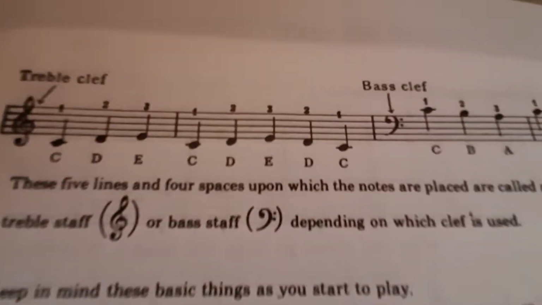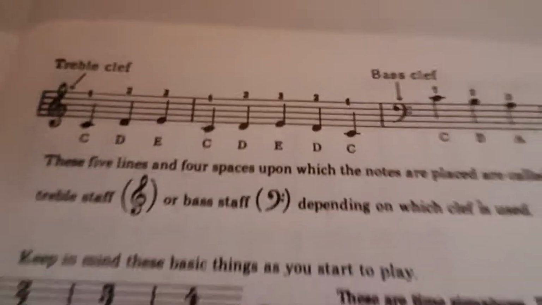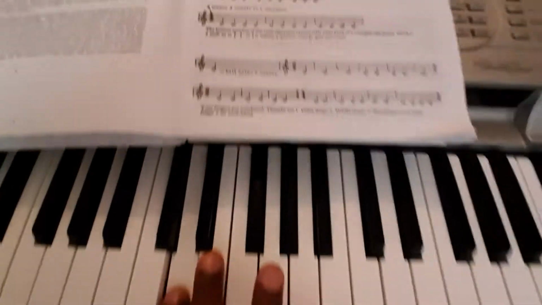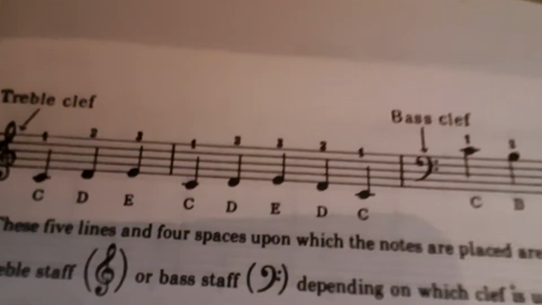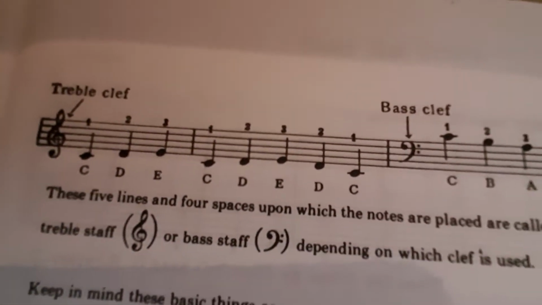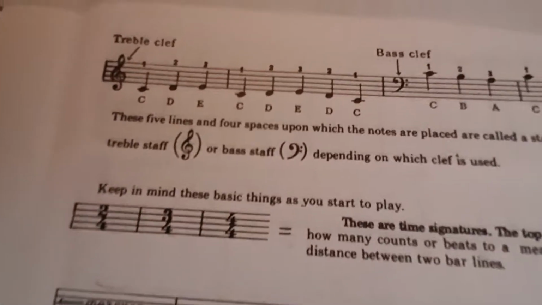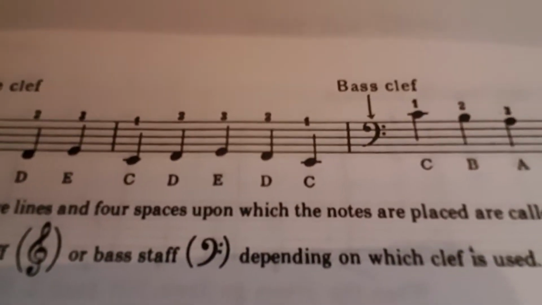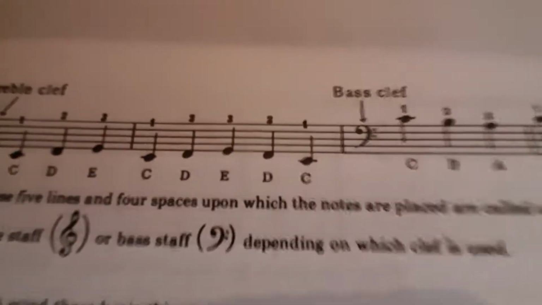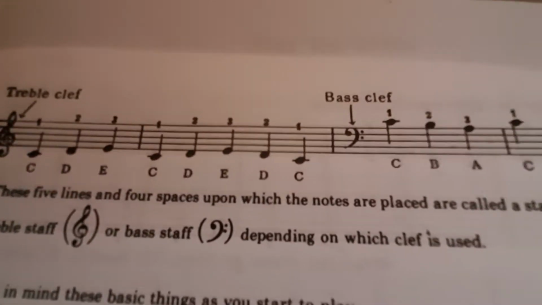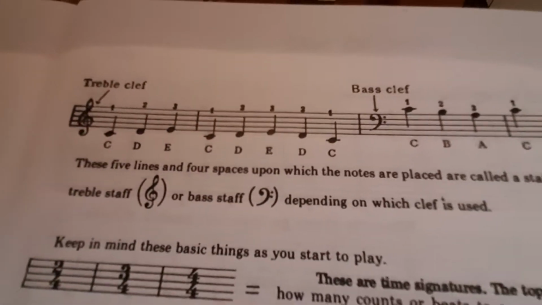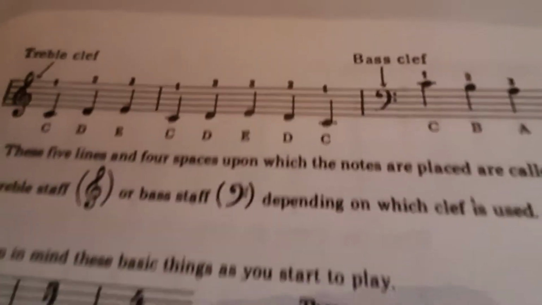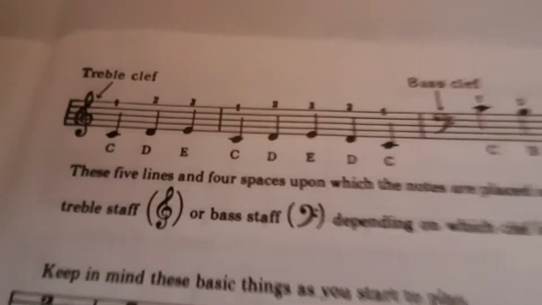And the next one is E, which is the line E. After E, you go back to C. And the next one, space, next line, back to space, back to C. That is how we begin to make melody out of our notes.